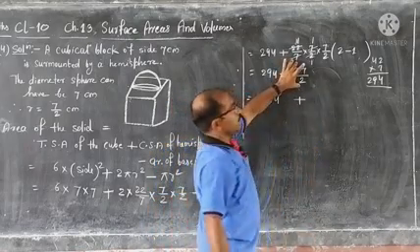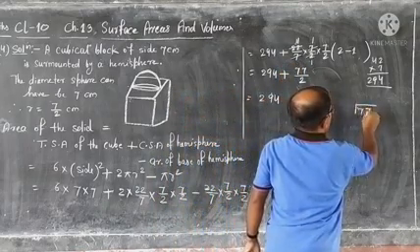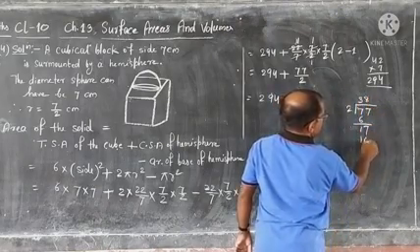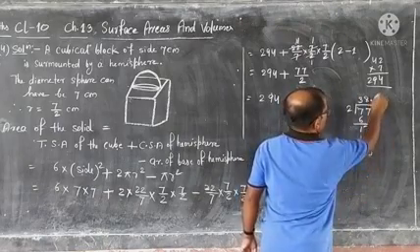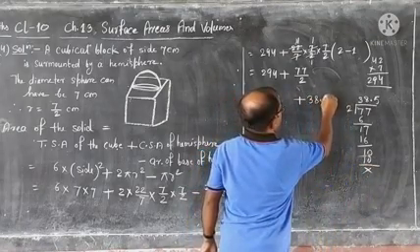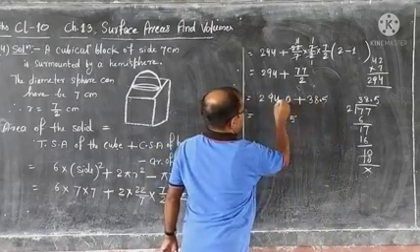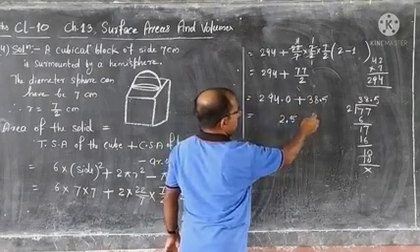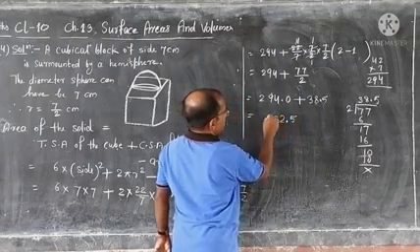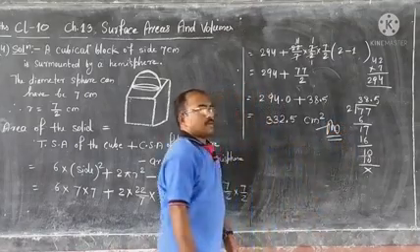I find it easy, 77 by 2, convert to decimal and add it. 77 by 2 is 38.5. Here 0.0 you put and add it. 294 plus 38.5 is 332.5 centimeter square, the surface area of the solid.